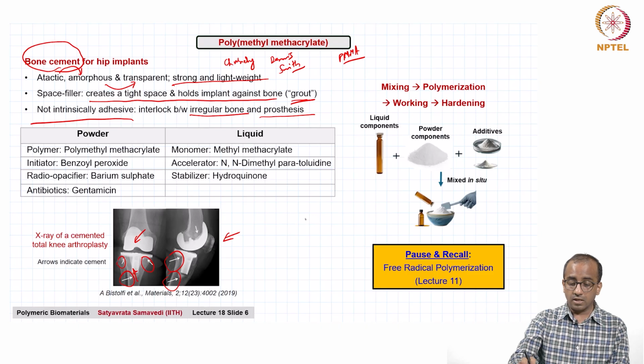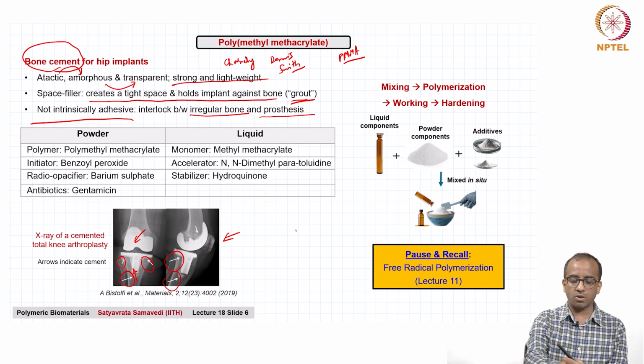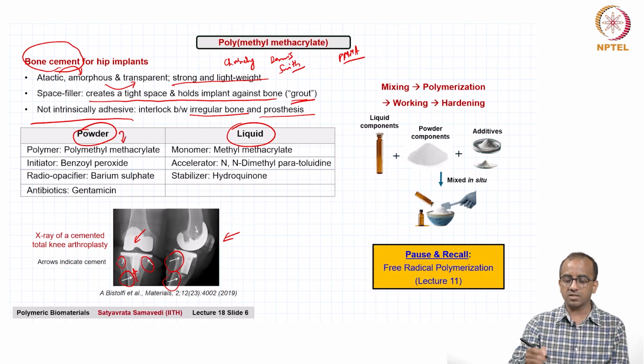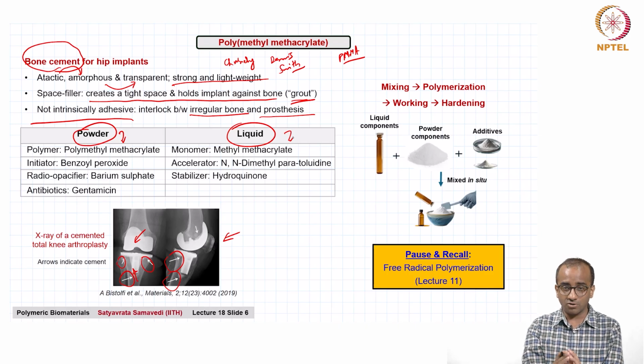Likewise, PMMA is also supplied as a two-part kit, and there are multiple components to each of those parts. So, there is a powder component and a liquid component, and within the powder component there are some 4 or 5 subcomponents, and within the liquid there are some 3 or 4 subcomponents, and these are provided separately. So, they are usually mixed on site, and then the process of cross-link or polymerization starts.